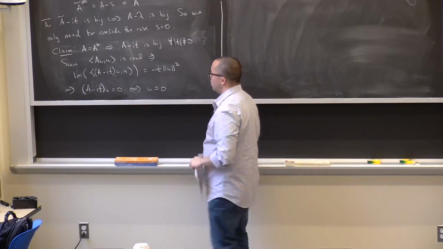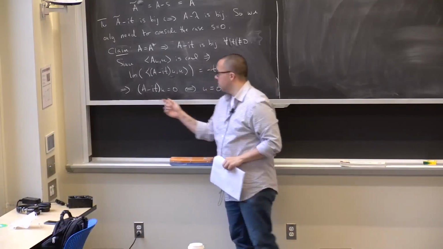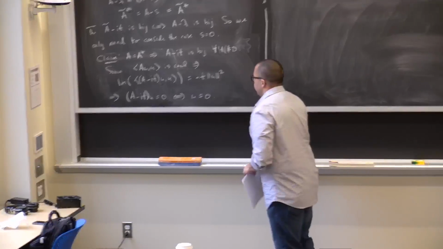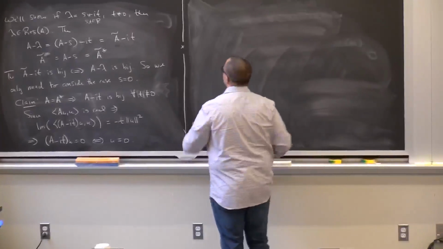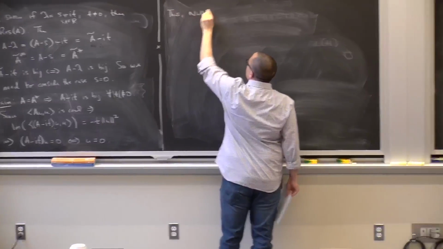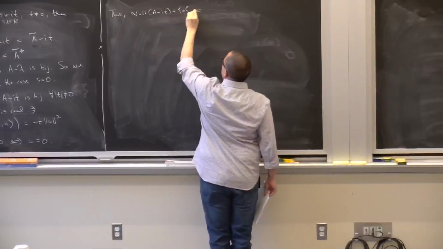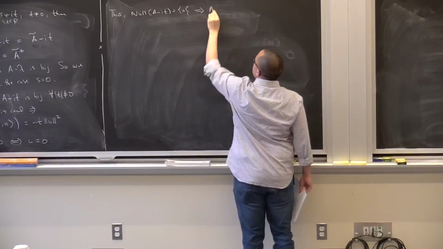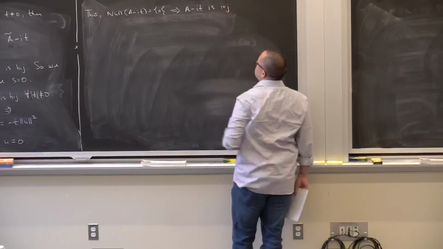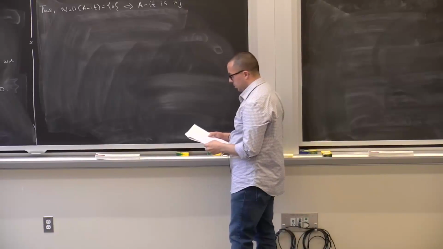So the null space of A minus IT is just the 0 vector, and therefore it's injective, it's one-to-one. All right, now we just want to show it's bijective, or surjective.